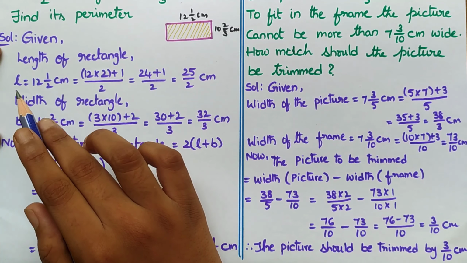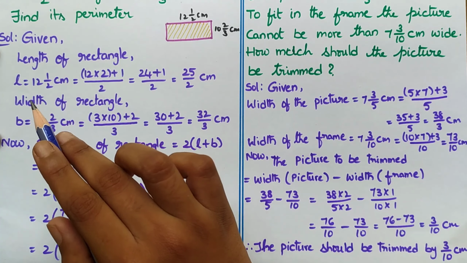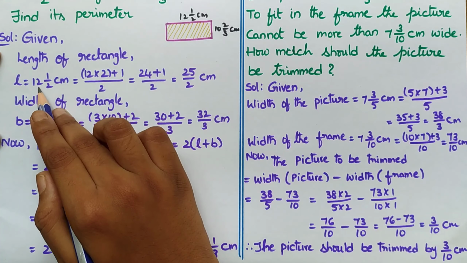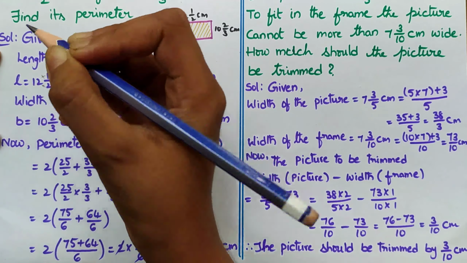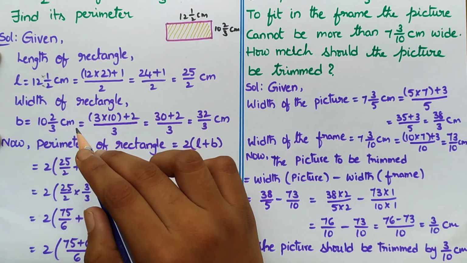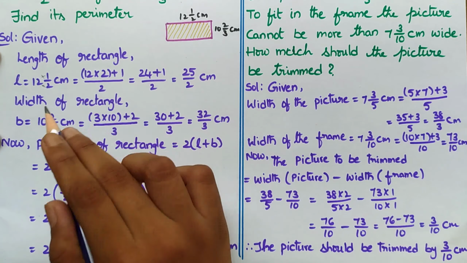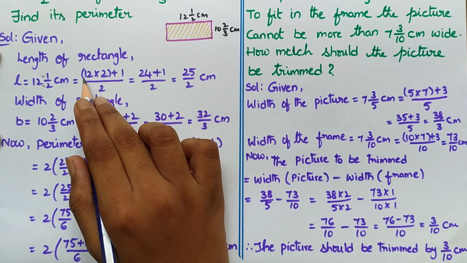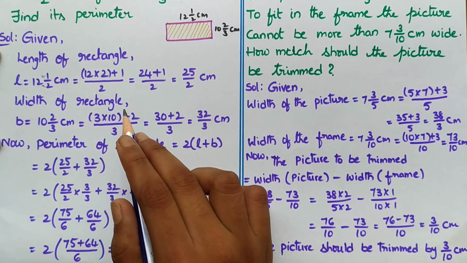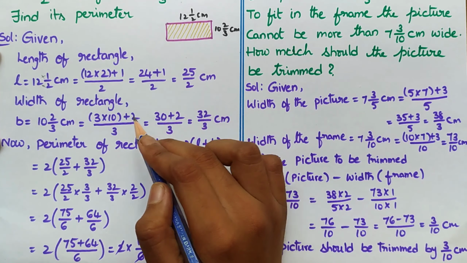As we have seen how to convert a mixed fraction into an improper fraction, let us use that method. 12 into 2 plus 1 by 2, which is equal to 24 plus 1 by 2, which is 25 by 2 centimeters.